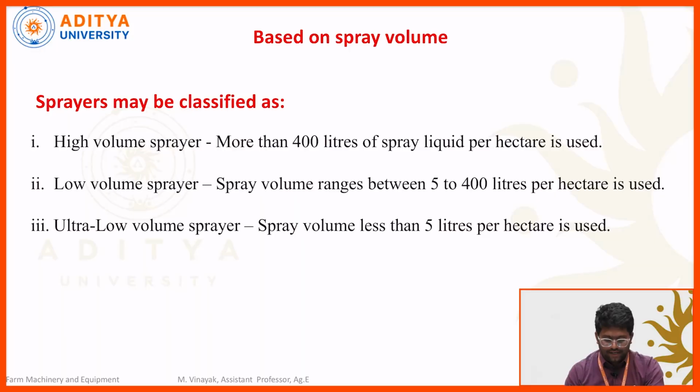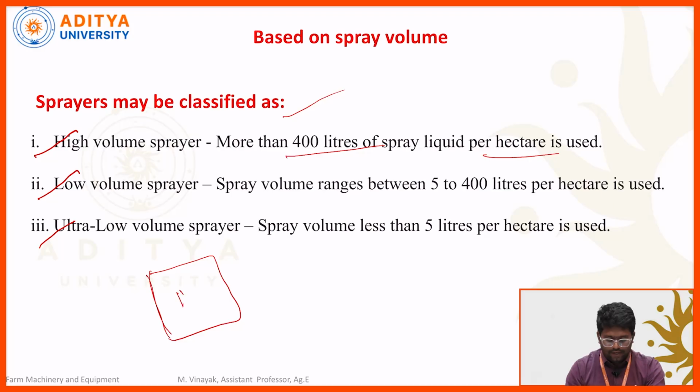Sprayers may also be classified based on the volume: high volume, low volume and ultra low volume sprayers. Suppose we take 1 hectare of land area. If the required liquid is more than 400 liters, that is called a high volume sprayer.